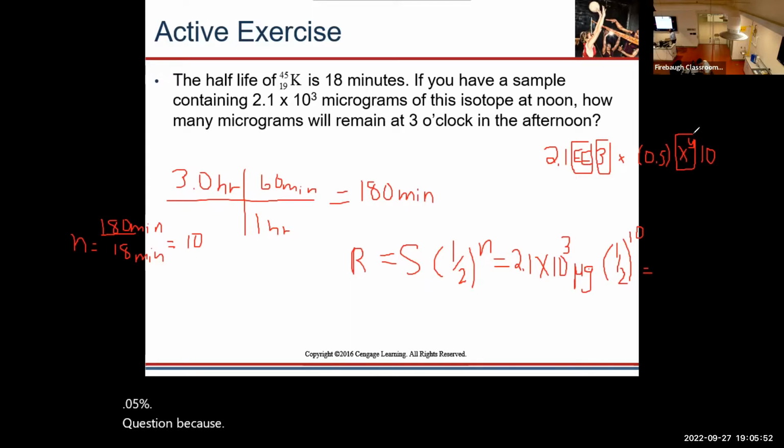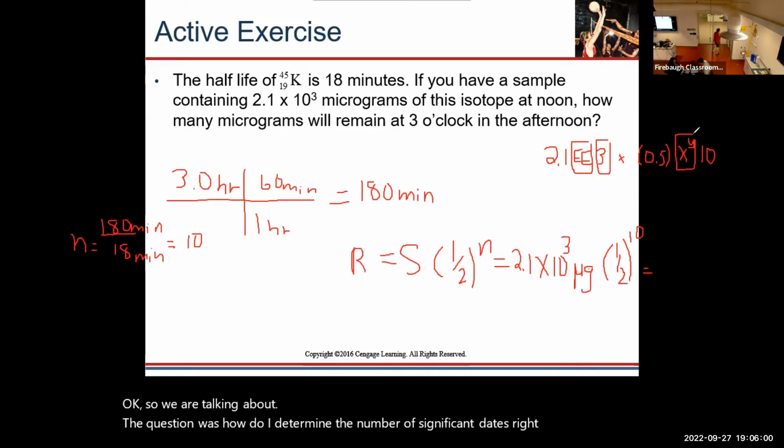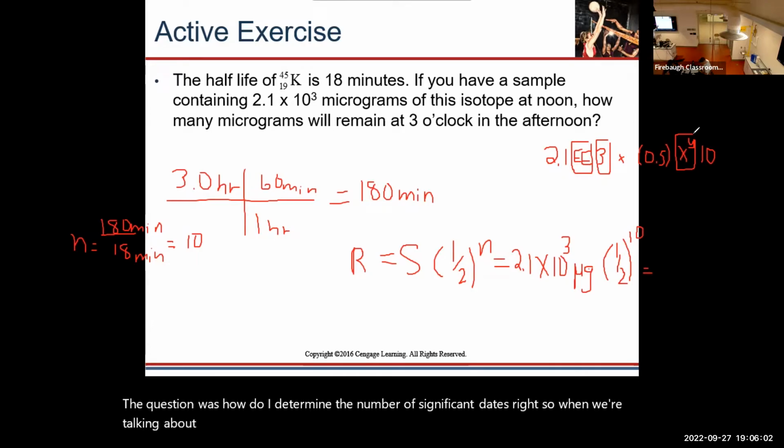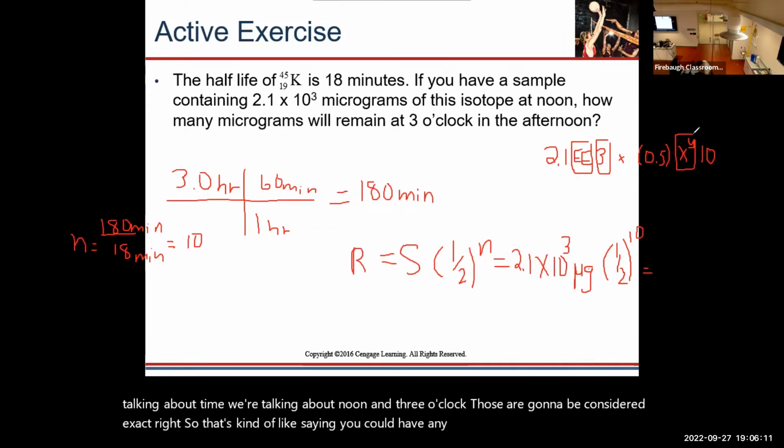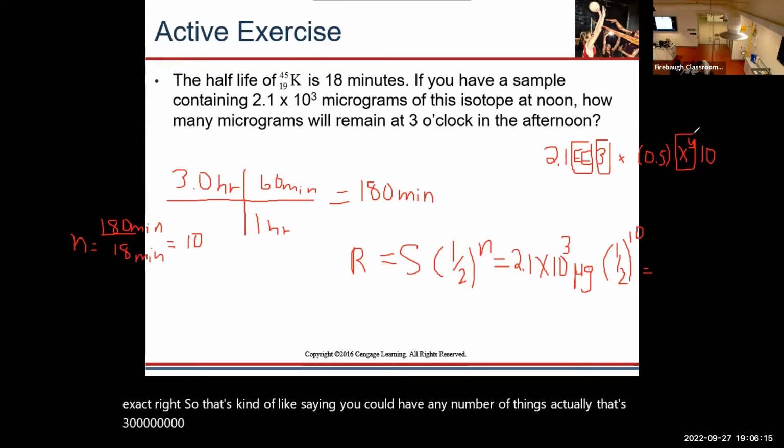Okay, so the question was, how do I determine the number of significant figures, right? So when we're talking about time, talking about every clock, those are going to be considered exact, right? Now, 18 minutes, how many seconds are there? 2 seconds.